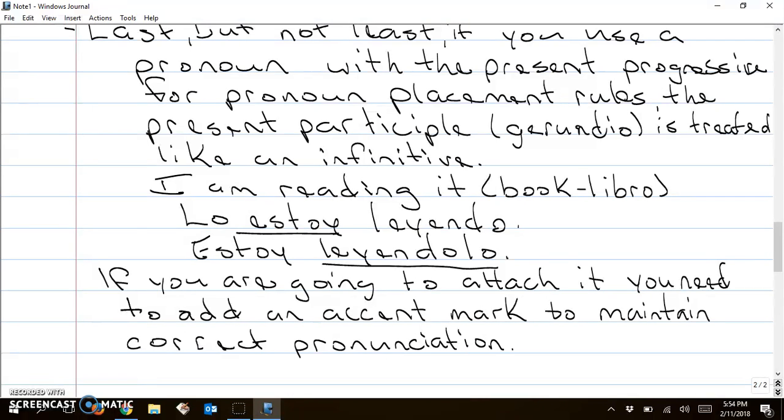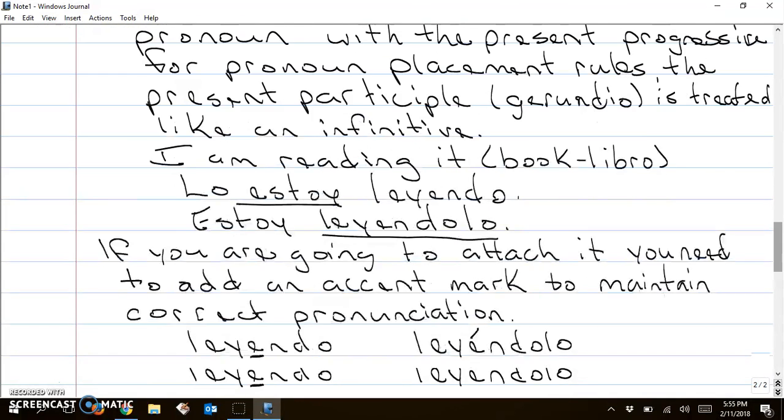So let me give you an example. Let's take leyendo. We should know that the stress falls on the next to last syllable. Leyendo, on the E. Now, if you add a pronoun, the stress would fall on the next to last syllable, it would be leyendolo. You don't want that. That would change it. So to maintain proper pronunciation, add an accent mark on the E. That still keeps it to leyéndolo.